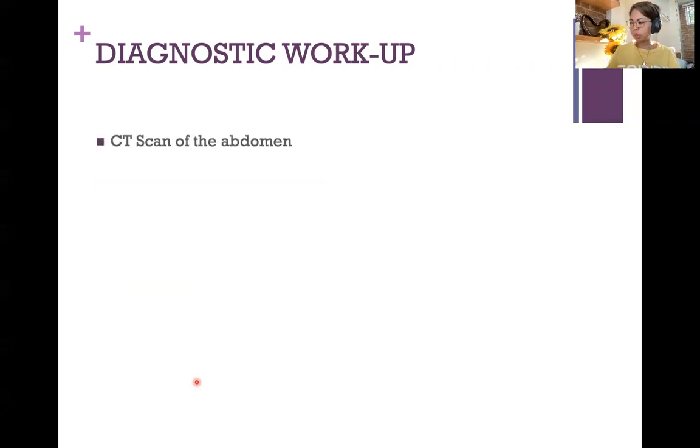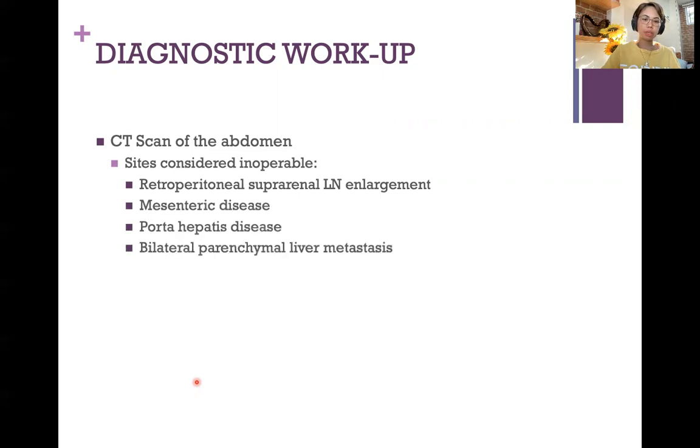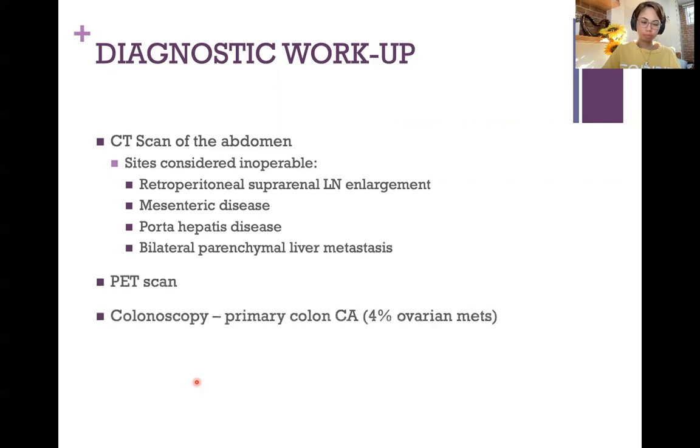So what to do? We anticipate a CT scan of the abdomen. Sites are considered inoperable if there is retroperitoneal suprarenal lymph node enlargement, mesenteric disease, porta hepatis disease, bilateral parenchymal liver metastasis. PET scan, colonoscopy, because there are cases of genetic familial mutations, as I said, colon carcinoma.